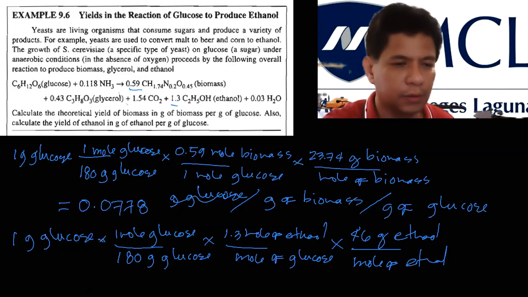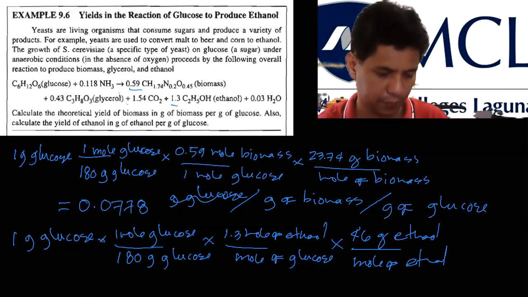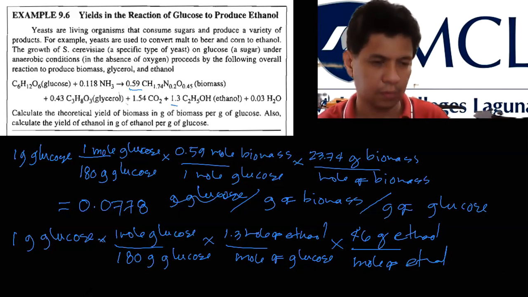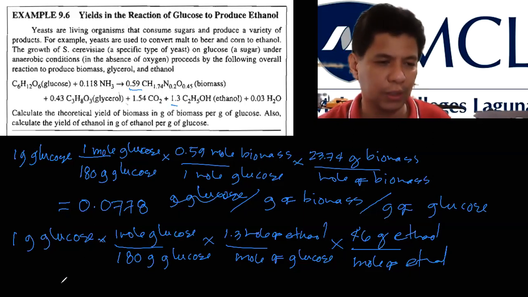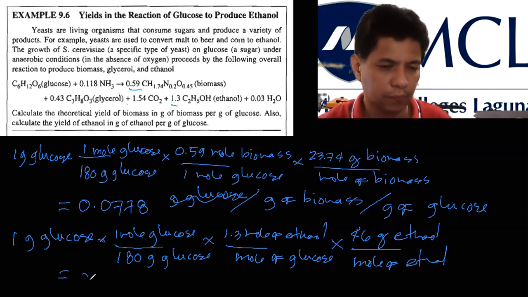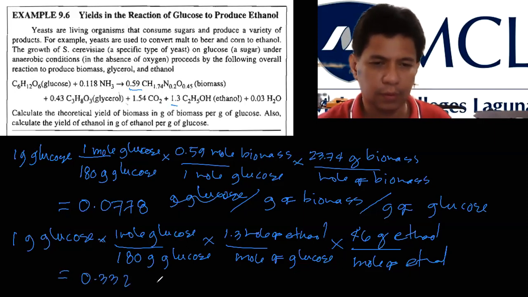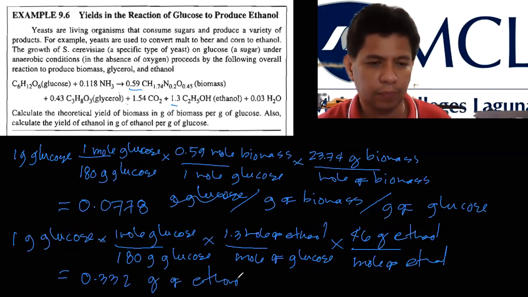Okay, so I'm just going to use the calculator. It's about 0.332. This is grams of ethanol per grams of glucose.